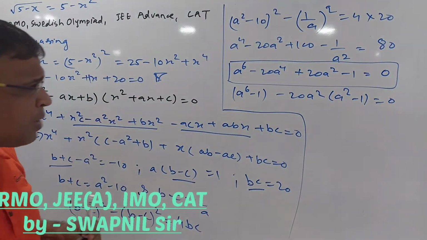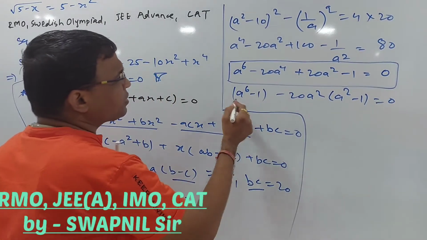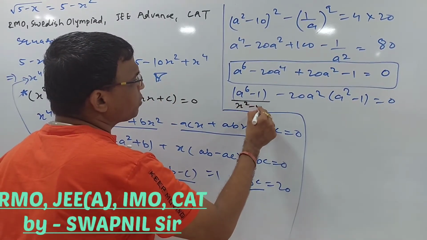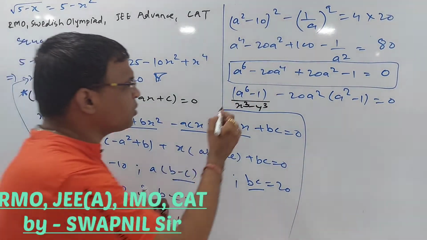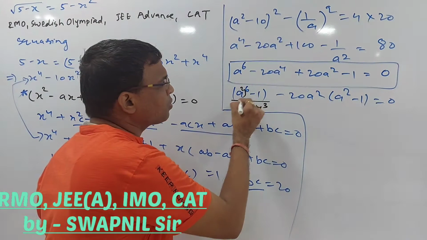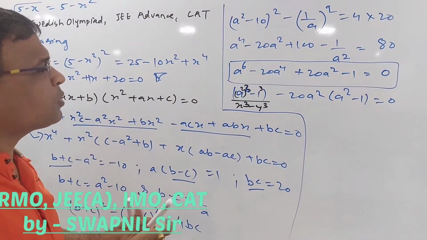Now what will happen? I can just treat this a power 6 minus 1 something like x cube minus y cube. There is a possibility because I can just make it a power 6 as a square cube and this is 1 cube. Fine. So I will expand accordingly.